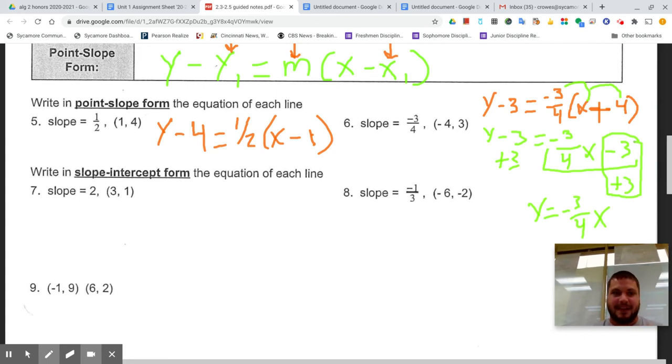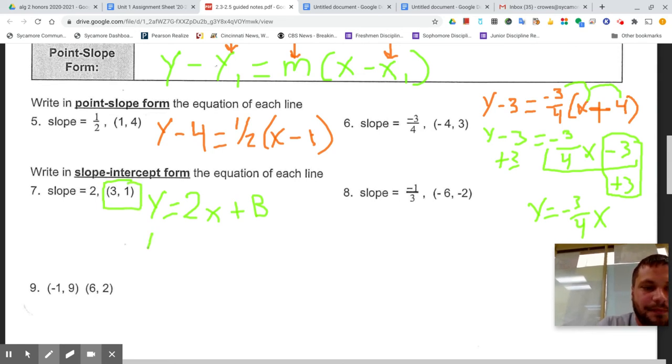To do this, what you want to do is write the information that you have. So slope intercept form is y equals mx plus b. So you know that the slope is 2. Y equals m, which is 2, x plus b. Now, we don't know the y-intercept, but we do know an x and a y value that we can plug in. So I know that a y value is 1 equals 2 times, I know that the x value is 3, and now I can solve for that missing b.